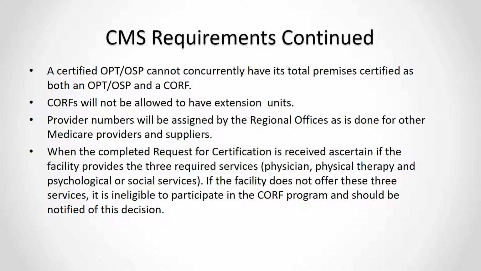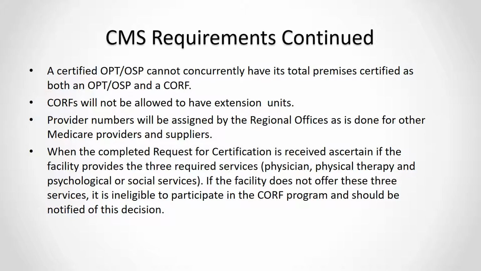A certified OPT/OSP cannot have its total premises certified as both an OPT/OSP and a comprehensive outpatient rehab facility. Comprehensive outpatient rehab facilities will not be allowed to have extension units. Provider numbers will be assigned by the regional offices, as is done for other Medicare providers and suppliers.